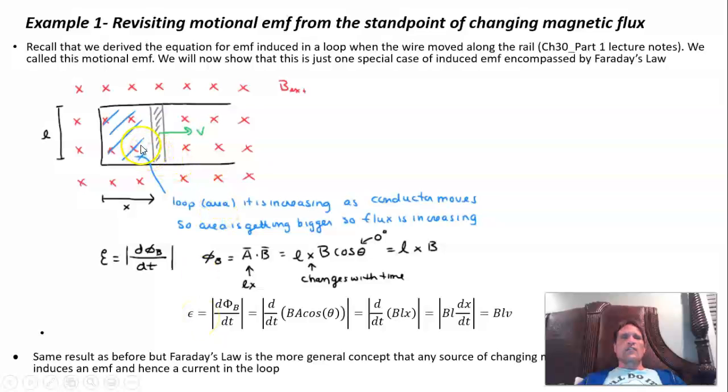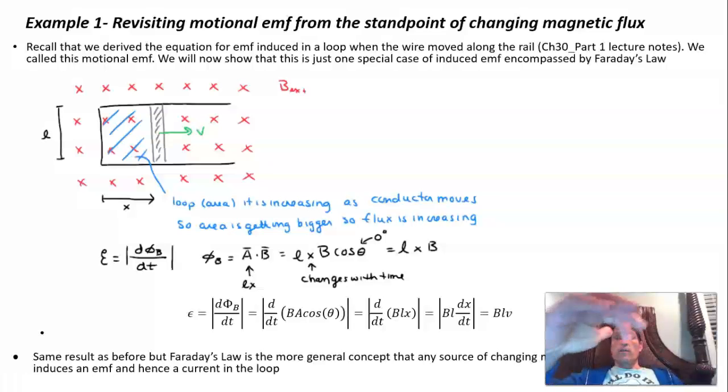Now, which direction is the current going to be in? Well, the flux is going down into the screen, and as the area gets larger, meaning we pull this bar to the right, the downward flux is increasing. So the induced magnetic field is going to point up.